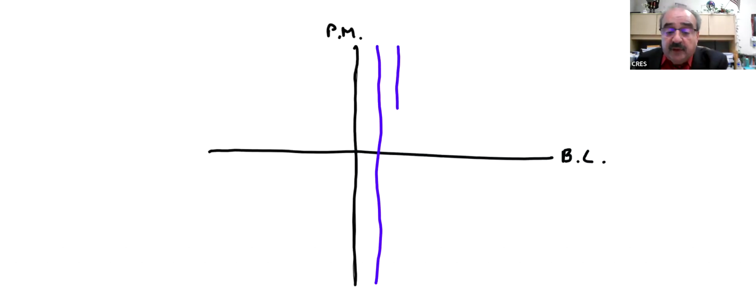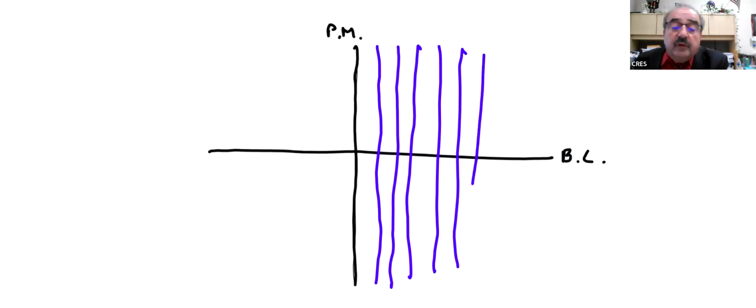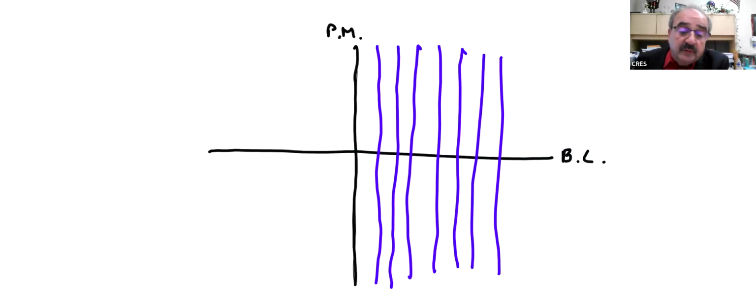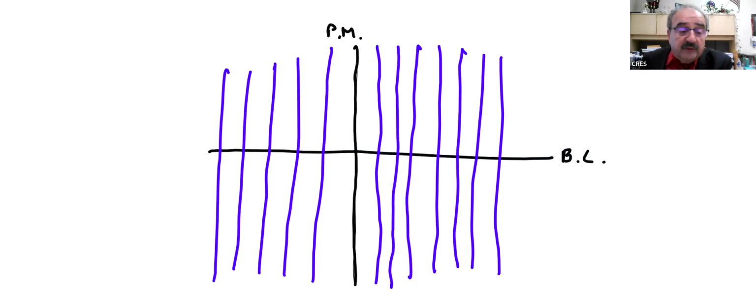Not coming out very straight because, like I said, I'm drawing on a chalkboard and looking on a screen at the same time. So on both sides of the principal meridian, we have these range lines. Range lines are 6 miles apart. So this strip of land going north and south right here is 6 miles wide, is called the range.